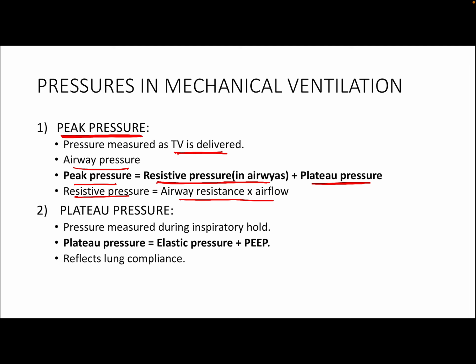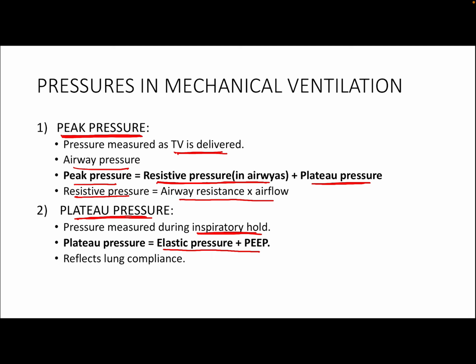Coming to plateau pressure, it is what is measured during an inspiratory hold. Now what happens in an inspiratory hold is that there is no airflow when you're holding your breath. So the airway resistance is essentially zero. So if airway resistance is zero, the resistive pressure in the airway is zero. At that point, the pressure that you measure is the plateau pressure. The plateau pressure is the elastic pressure plus the PEEP.